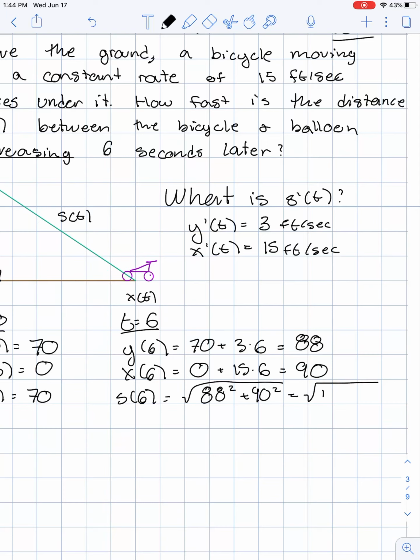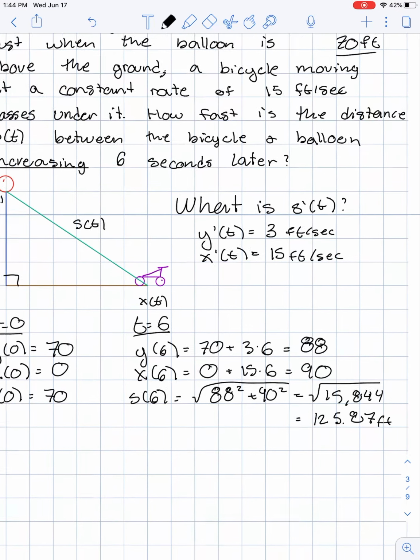So it's the square root of 15844, which is 125.87 feet. Okay? Don't even know if we need that information, just for fun.